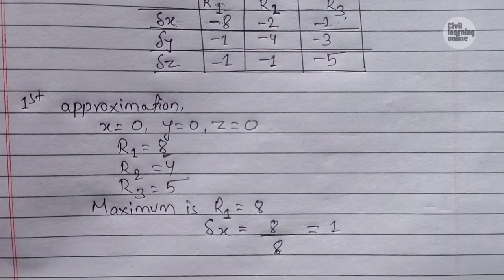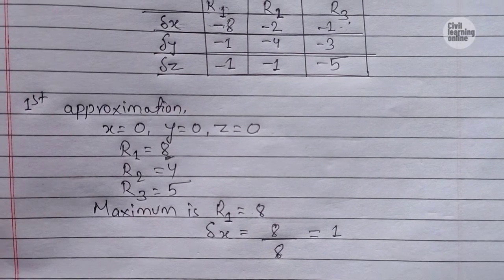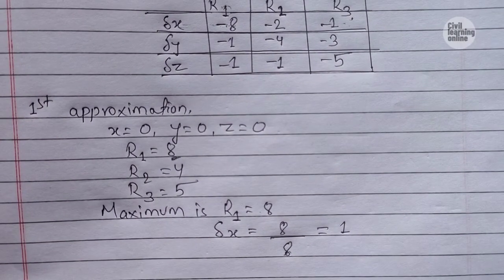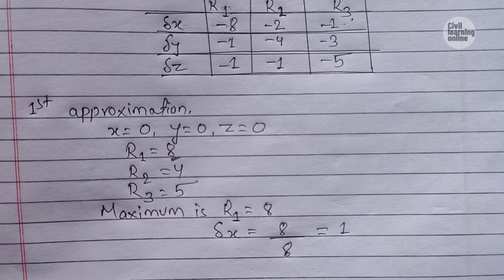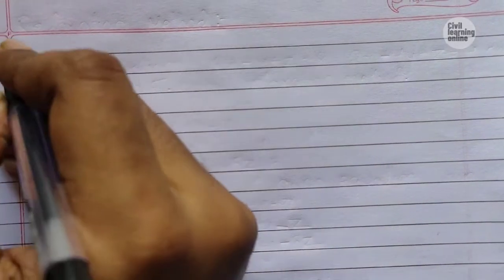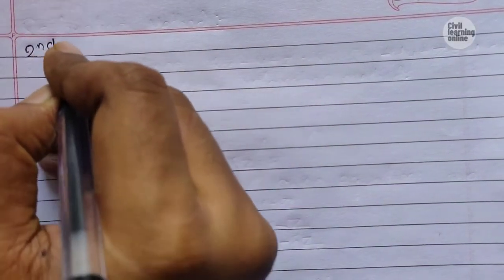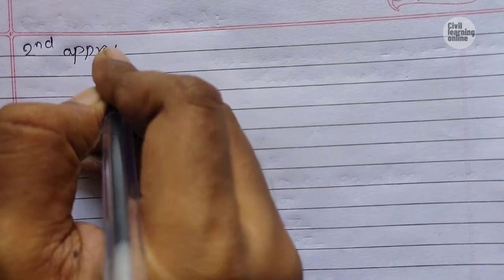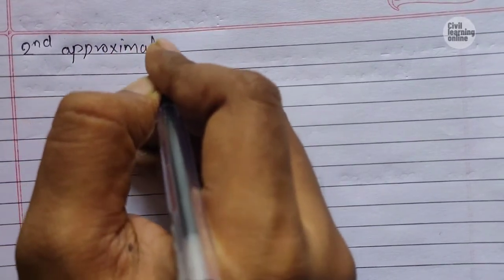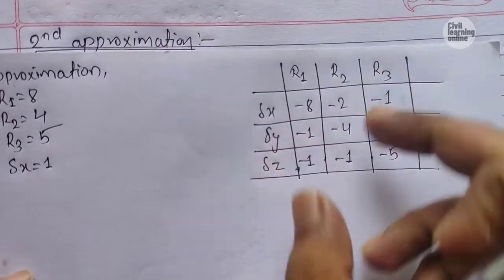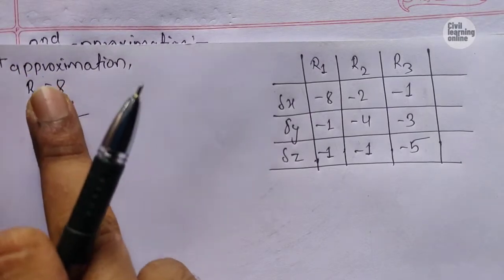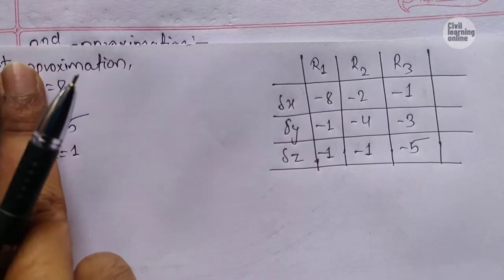Now this is the step for first approximation. Now let us move to second approximation. For second approximation, we will need this operation table and the values of r1, r2, r3 which we had got in first approximation.